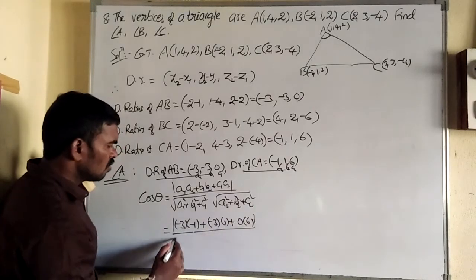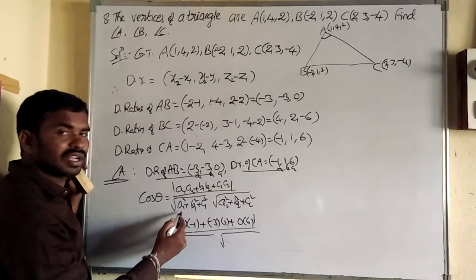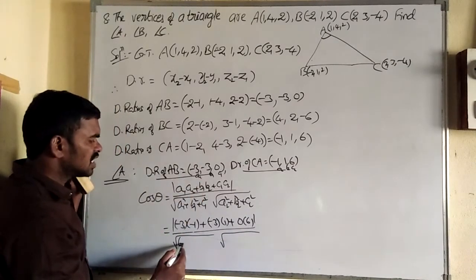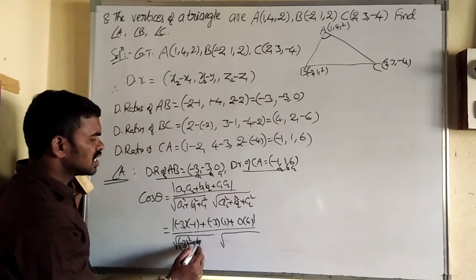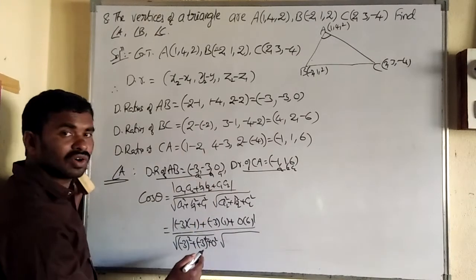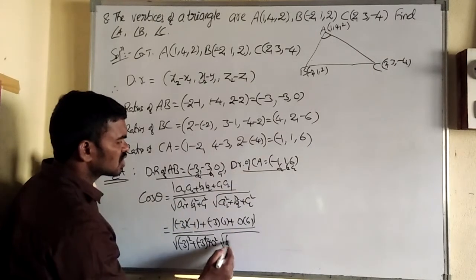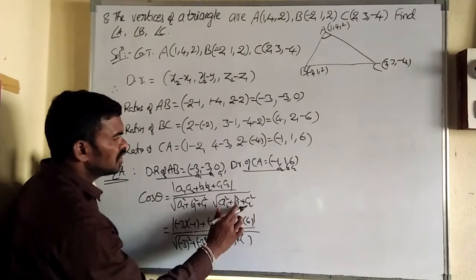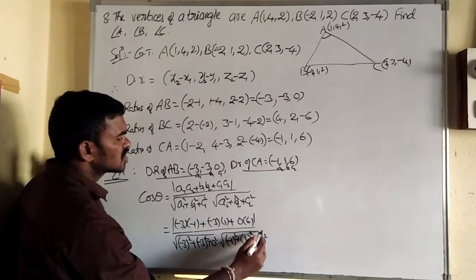By root of A1 square, minus 3 square, plus B1 square, also minus 3 square, plus C1 square, 0 square. Next, A2 square means minus 1 square, plus B2 square means 1 square, plus C2 square means 6 square.